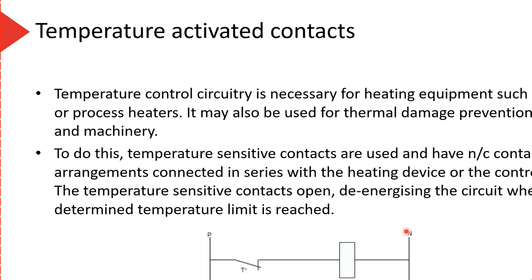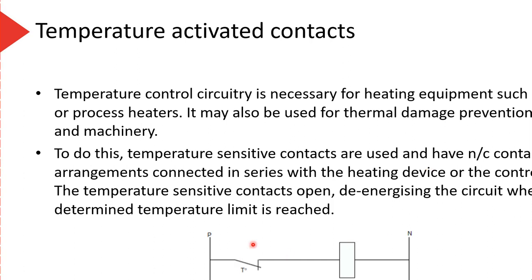Well, that's fairly self-explanatory. If we had a temperature sensitive contact in series with the heating device, well, that's just a thermostat, isn't it? When it reaches a certain temperature, it just opens. The thermal contact is switching the load itself.